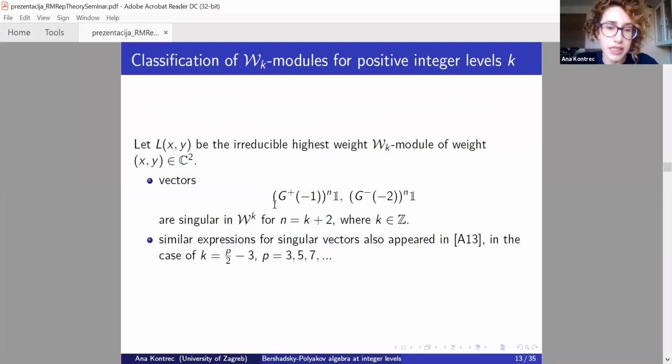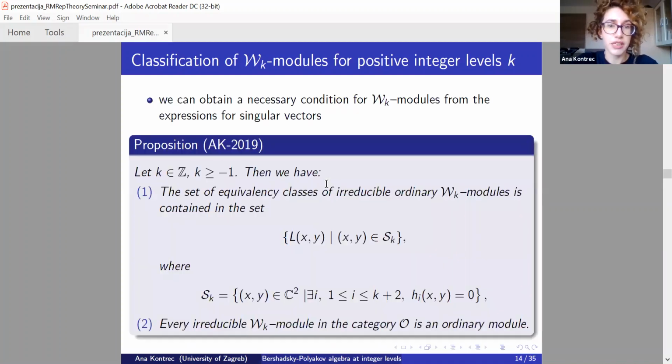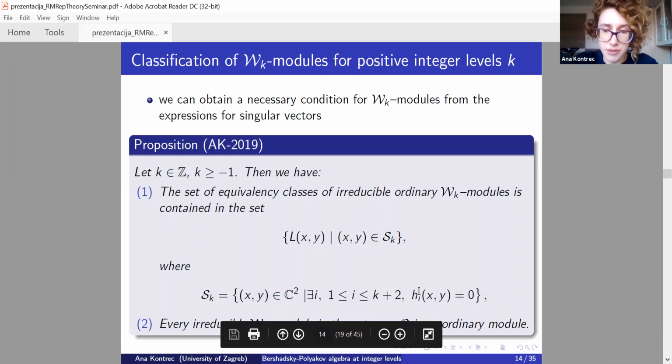And basically, once we had these expressions for singular vectors, we were able to obtain a certain necessary condition for W_k modules. So basically, what we see is that if something is a W_k module, then its highest weight needs to satisfy a certain relation h_i(x,y) equals 0.